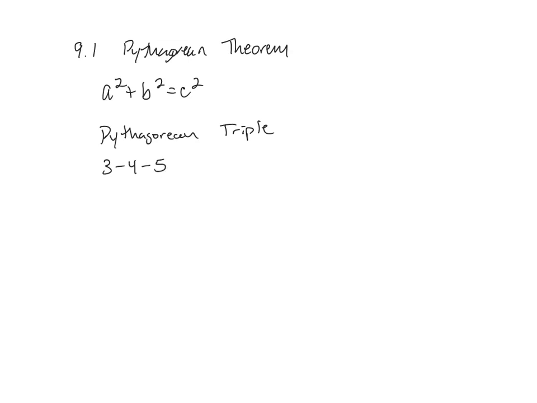So if you did 3 squared, that's 9. 4 squared, that's 16. 5 squared, that's 25. And 9 plus 16 is 25. So if you plug that into the Pythagorean theorem, you'd get 25 equals 25, which means that it is a right triangle and all that kind of stuff. Okay, so 3, 4, 5. This is one that I would memorize.